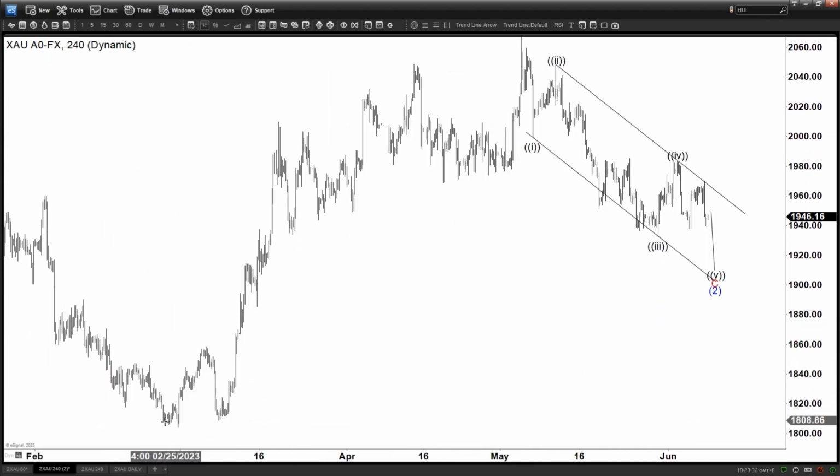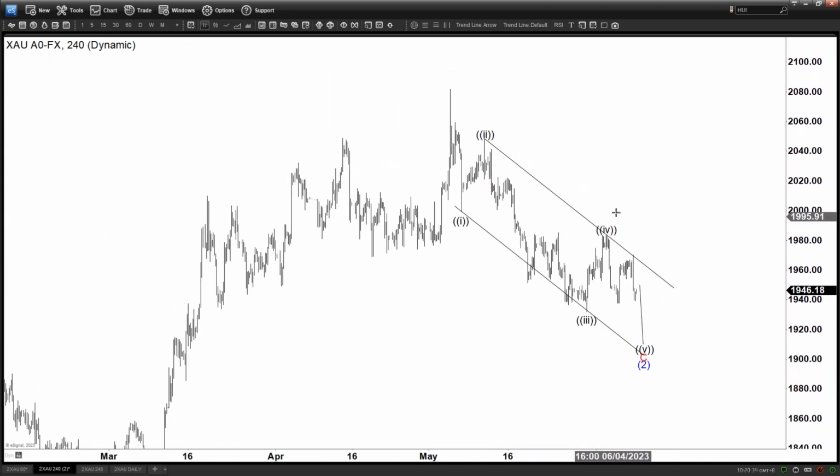You can see the rally here looks impulsive. So this is a C, but it is 5 waves, which means we're actually doing some sort of an expanded flat here, and this will be a 1 here. So we're looking for the expanded flat to complete and then start a new bullish move to the upside.